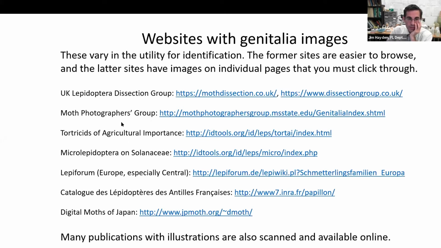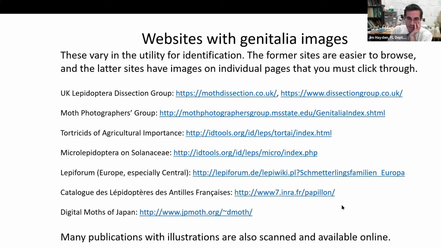But for certain target pests like tortricids or Tuta, we do have genitalia online. For those of you in the Antilles, here's a fun website in French. There's also an English version that shows a few noctuids online.